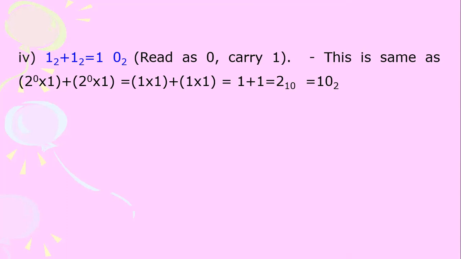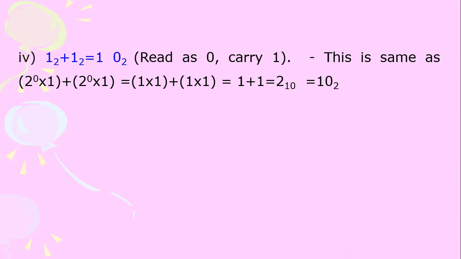So anytime you add 1 to 1 in binary, you never get 2. There's nothing like 2 in binary. Binary is either a 0 or a 1. So if you add 1 to a 1, you get 0 carry 1.